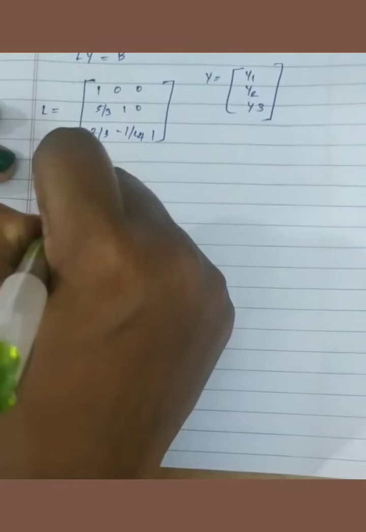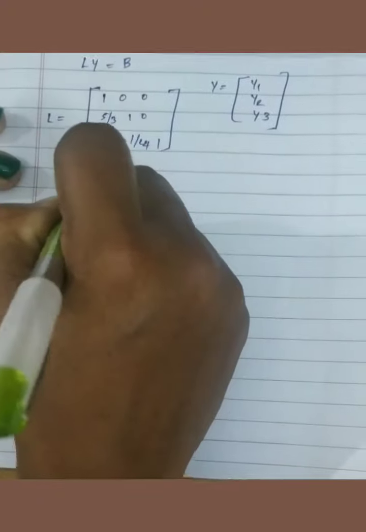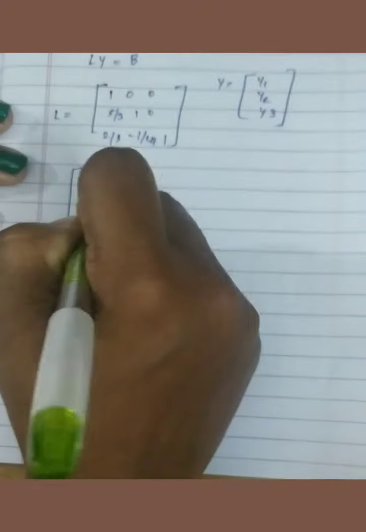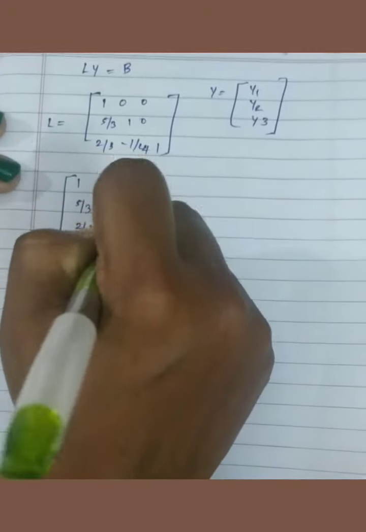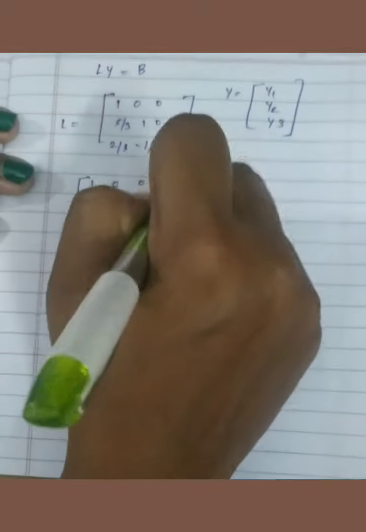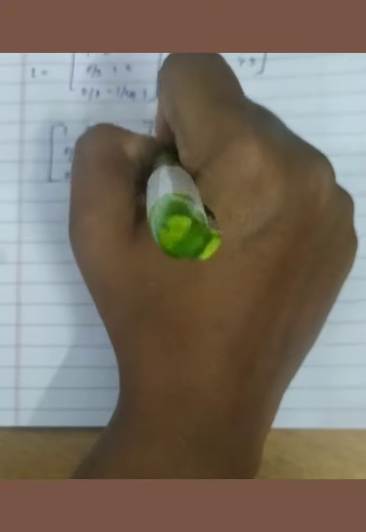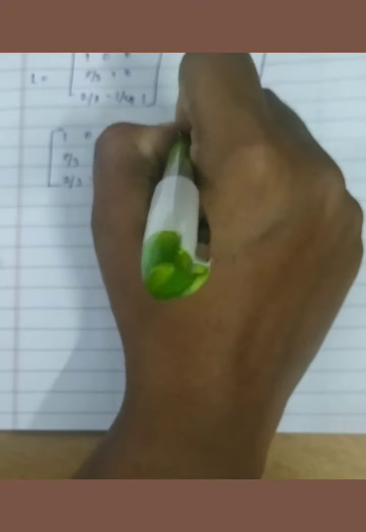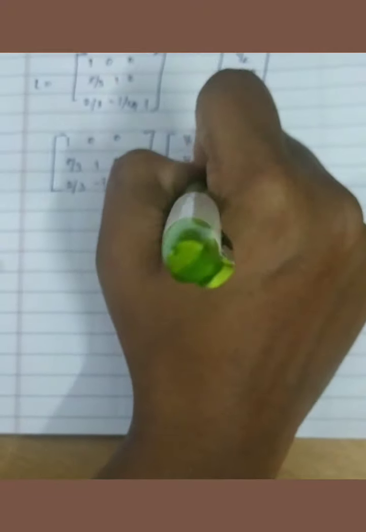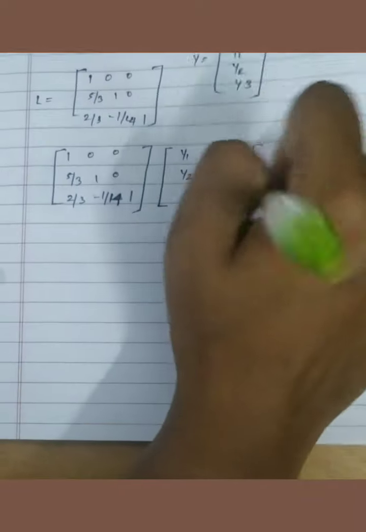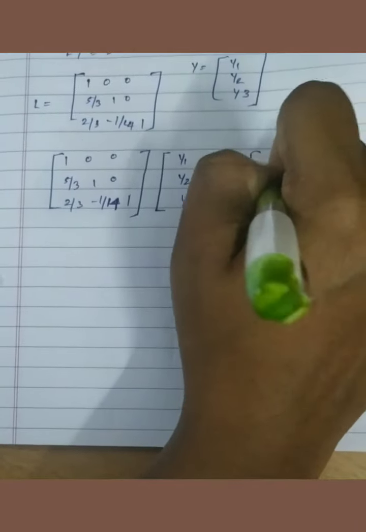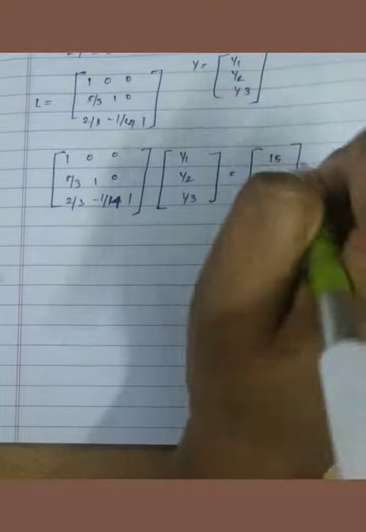So after substituting in the equation, L into y1 y2 y3 equal to matrix 15 18 and 10.